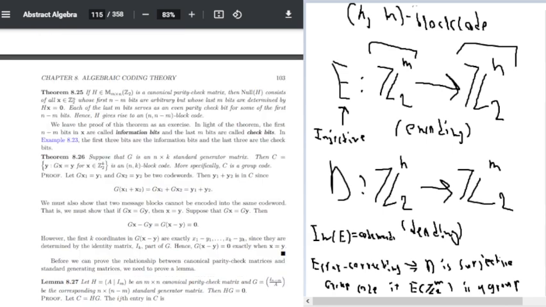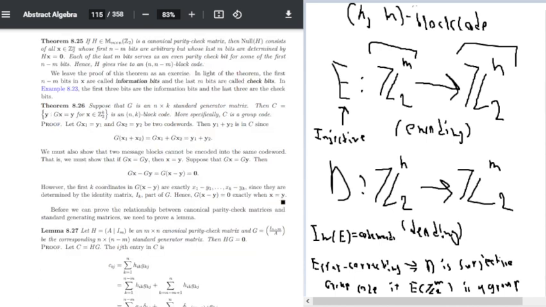Theorem 8.25. If H is an m times n Z mod 2 canonical parity check matrix, the null space of H consists of all x in Z mod 2 to the n, whose first n minus m bits are arbitrary, but whose last m bits are determined by Hx equals 0. Each of the last m bits serves as an even parity check bit for some of the first n minus m bits.